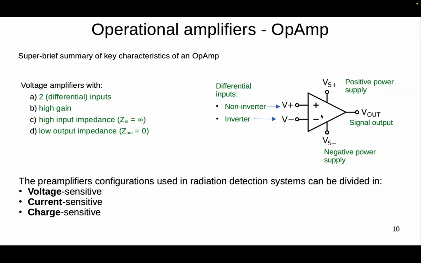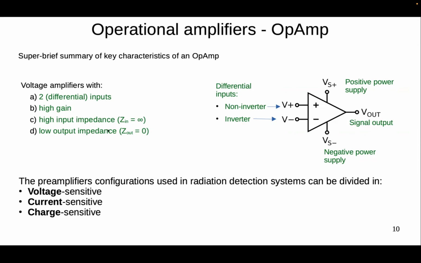This device has a very high gain, in the order of 10^6 or even more. The input impedance for an ideal operational amplifier is infinite, so very, very high, and it has a very low impedance at the output.